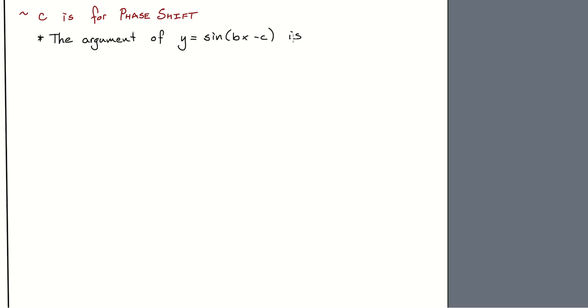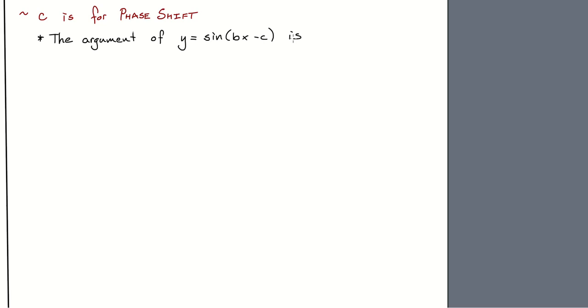So I have the argument of this expression, and I want you guys to tell me. What's the argument of that sine function up on the board right there? All right, so I hear whispers, but I don't hear words. Bx minus c. Love it. Everybody cool with bx minus c?